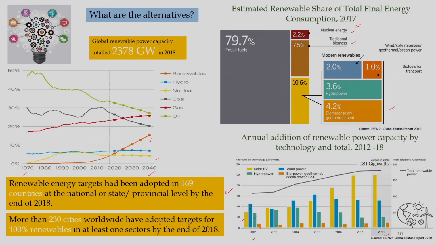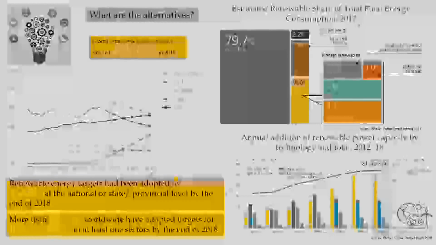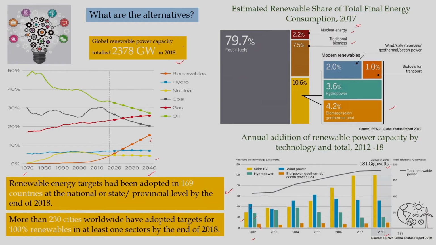So, it is found that about 181 gigawatts of energy in 2018 is produced from renewable sources. What we can see here is that the global power capacity total is about 2378 gigawatt in 2018.